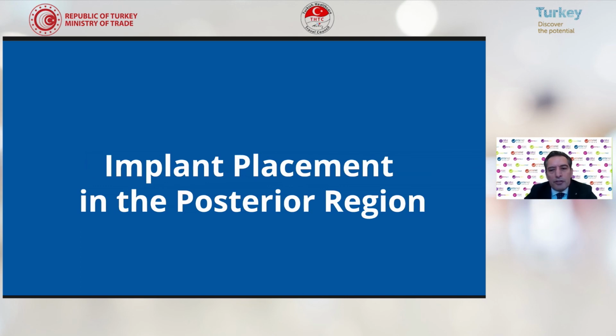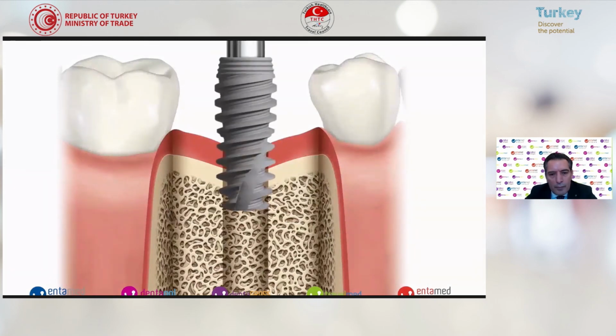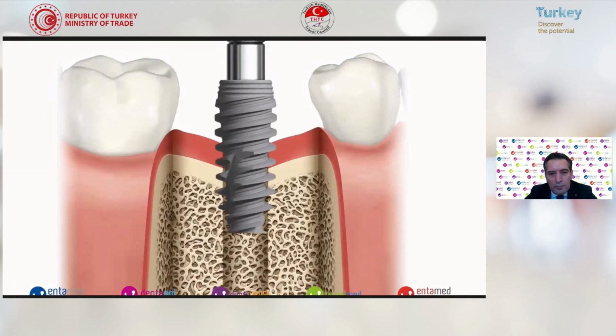This video will show you the placement of the implant in the posterior region. You see there's a space here. The tooth is not there. There is a lost tooth, a missing tooth. We place the implant.